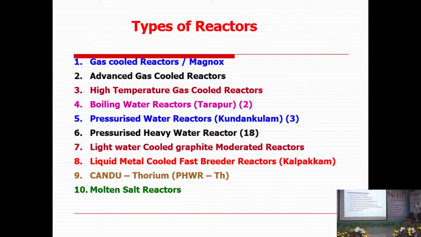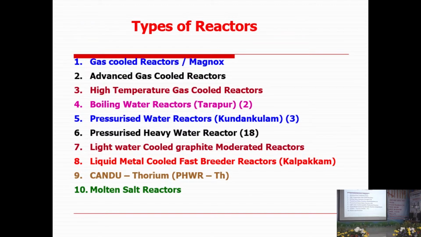High temperature gas cooled reactors: if you further increase the temperature of your fuel material, this is called high temperature. Boiling water reactors means we generate the steam in the core itself. In India we have two reactors of this type at Tarapur in Maharashtra.